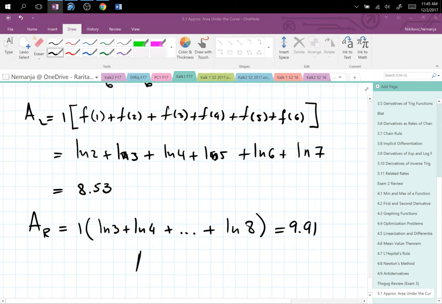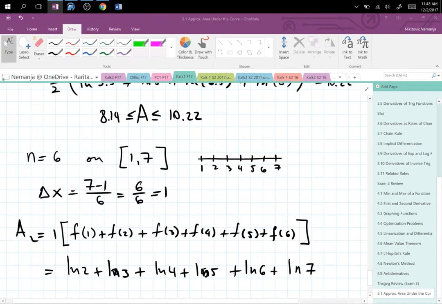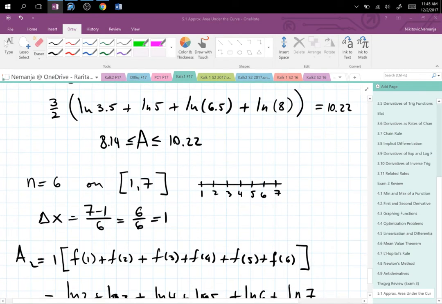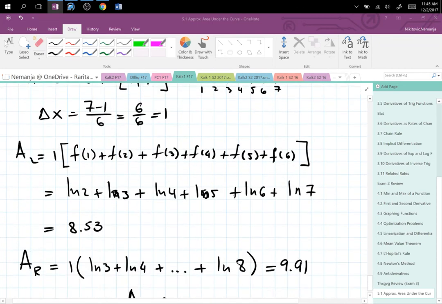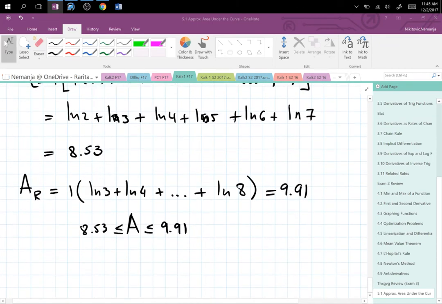So now I know that the actual area is in between 8.53 and 9.91. That's better than 8.14 and 10.22. So you see that it gets better. It's a smaller range. Now we had more calculations.